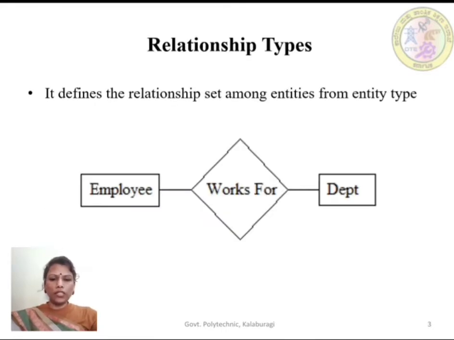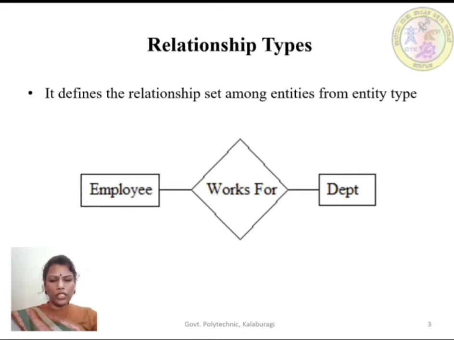In the previous sessions, we have learnt what is entity, what is a relationship. See, relationship is nothing but it defines how two entities are going to be connected in the database, right? In the same way, relationship type defines the relationship set among entities from entity type. Here we are having two entity types, employee is one entity type and department is another entity type.